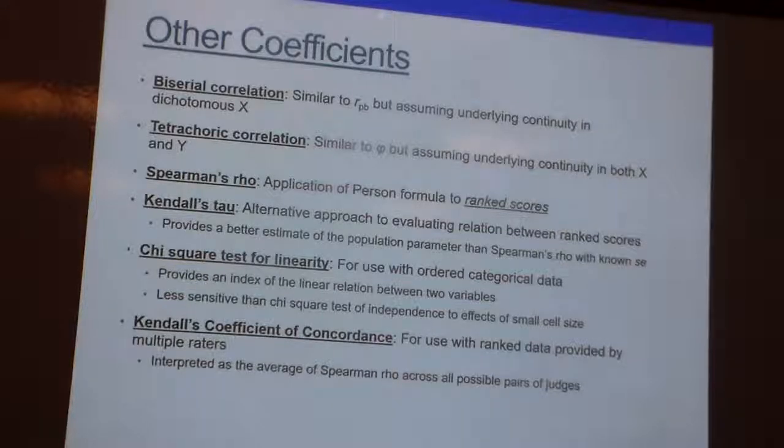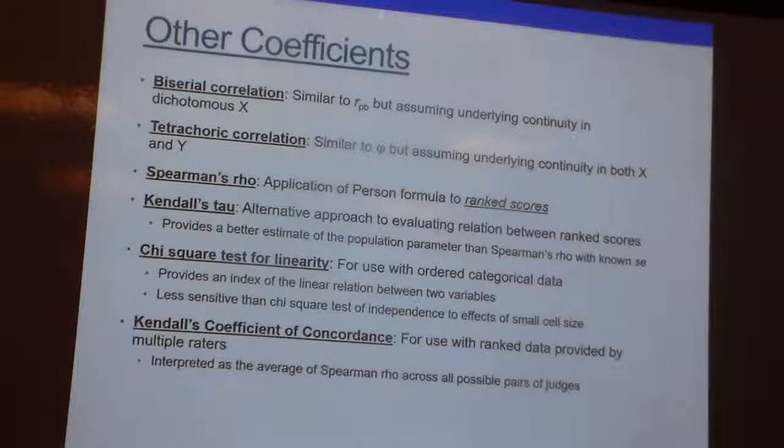We often just slap a chi-square onto categorical variables, but if I've got variables that are not just categorical, where I've got this one is bigger than this one is bigger than this one, or there's some linear type of progression, it's important to use a different test that accounts for the linearity of scores as opposed to things being truly nominal. And then this coefficient of concordance, multiple raters, it starts to get into inter-rater reliability types of things that we can start to use.